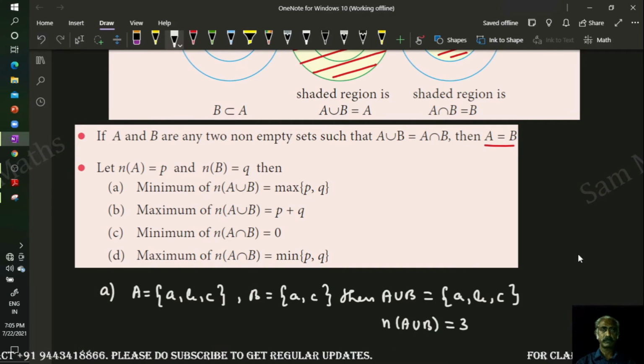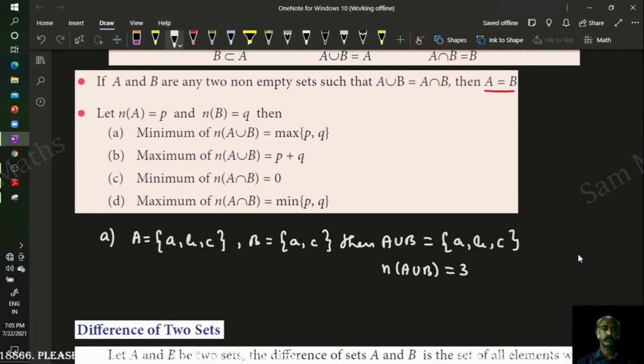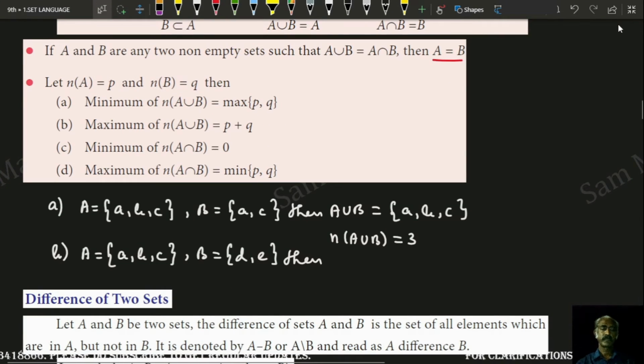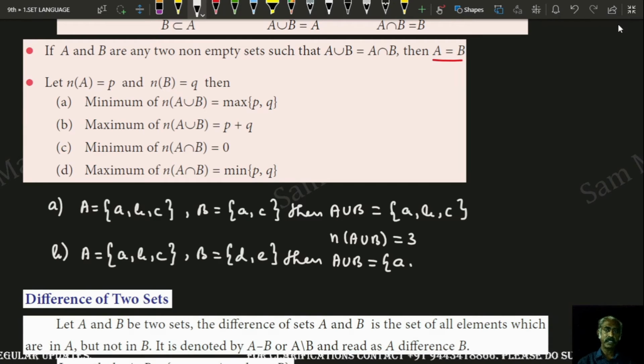For that, I am giving one example. A is equal to a, b, c, B is equal to d, e. Then it's very clear that A union B is equal to a, b, c, d, e.